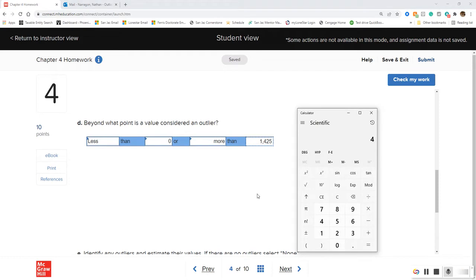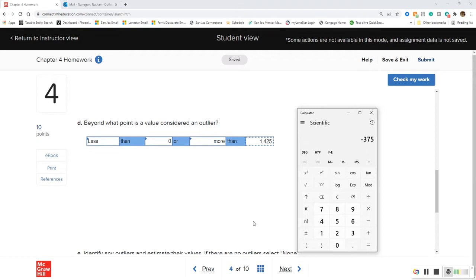So yeah, 450 times 1.5. So it's 675. That's what we're doing, 1.5. It's always an outlier more than 1.5 times our range. Okay, so 300 minus 675 is a negative.